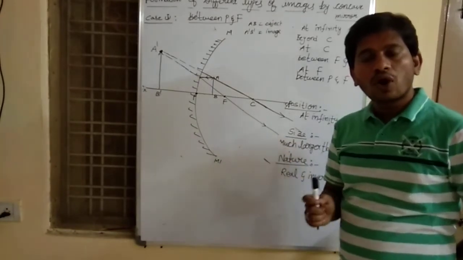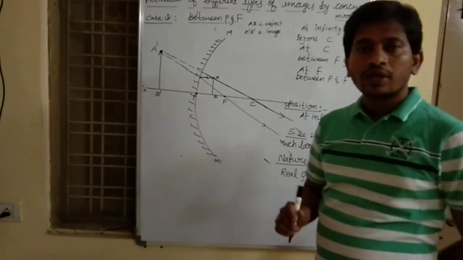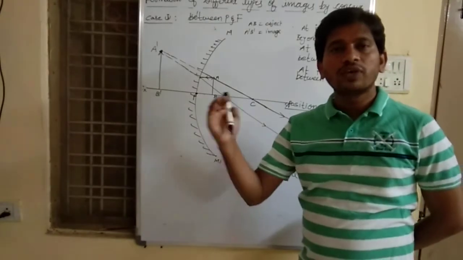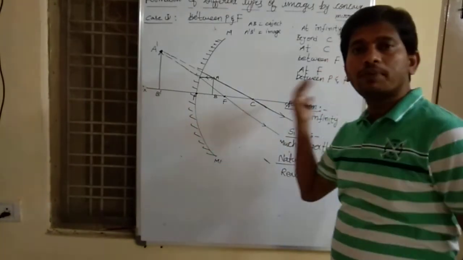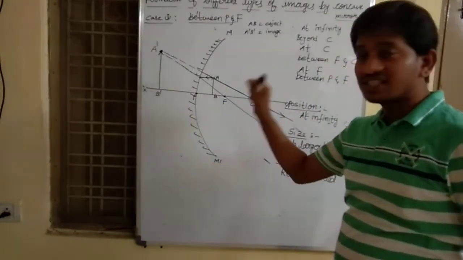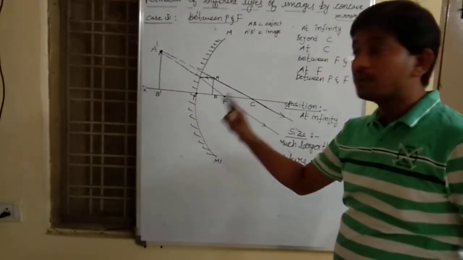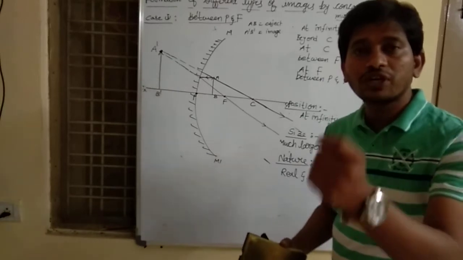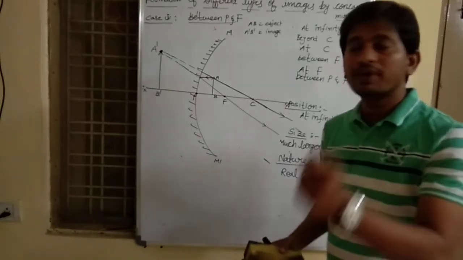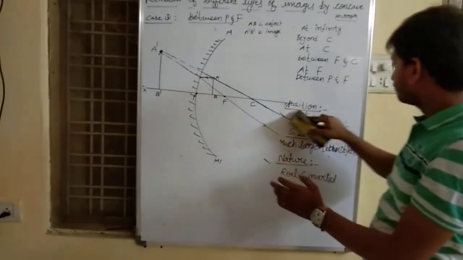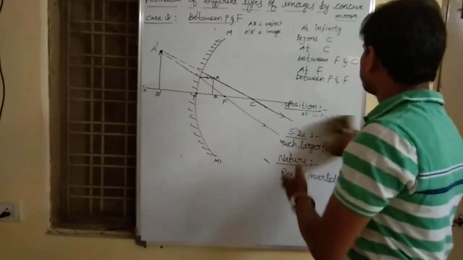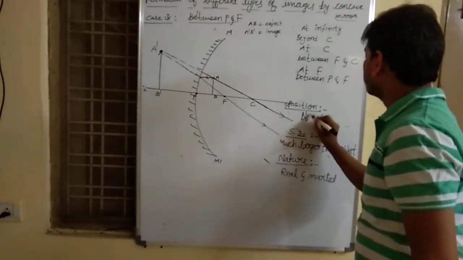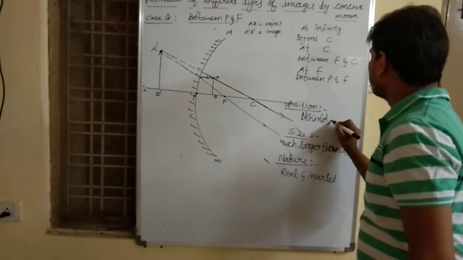If you observe the other 5 cases, we got the image in front of the mirror. But in this case, we got the image behind the mirror. So the position of the image is behind the mirror.